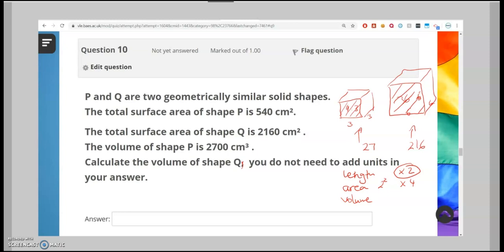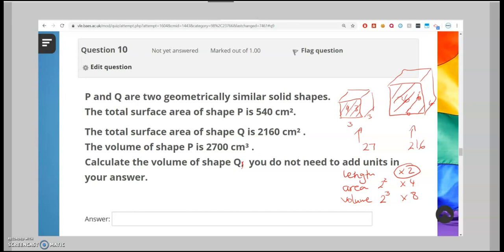So 216 divided by 27 is 8. So the volume has been multiplied by 8. In other words, the volume of the bigger cube is 8 times the volume of the smaller cube. And 8 we find by cubing 2. So 2 times 2 times 2 gives us 8.